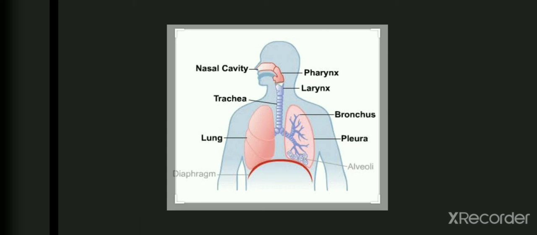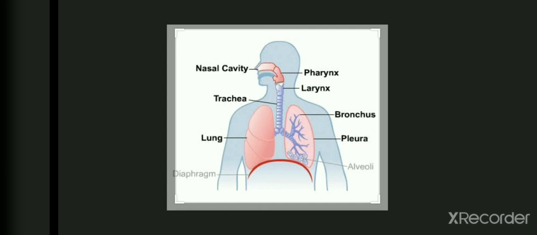They are spongy in nature, located in the thoracic cavity. Mostly the lungs are cone shaped. The right lung has three lobes and the left lung has two lobes. Lungs are connected to the external nostril through the respiratory passage. The respiratory passage consists of external nostril, nasal cavity, internal nostril, pharynx, larynx, trachea, bronchus, bronchioles.